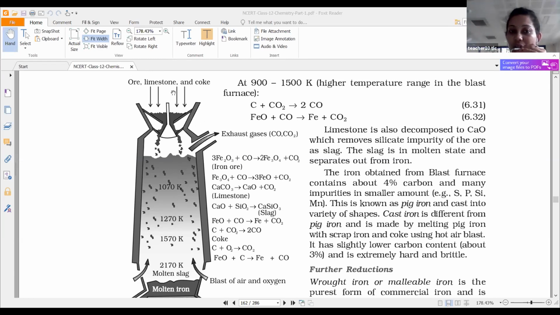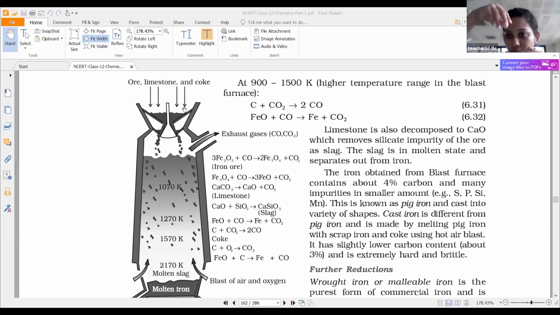Students, here iron extraction can be done from iron oxide at different temperatures. In your book, so many equations are given. So I'll club all these equations in this diagram. In this diagram, all those reactions at different temperatures are given. So all are there in the single picture here.